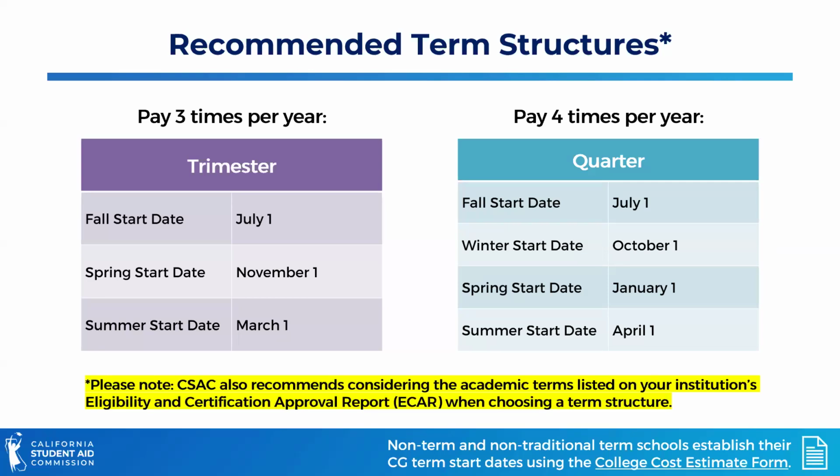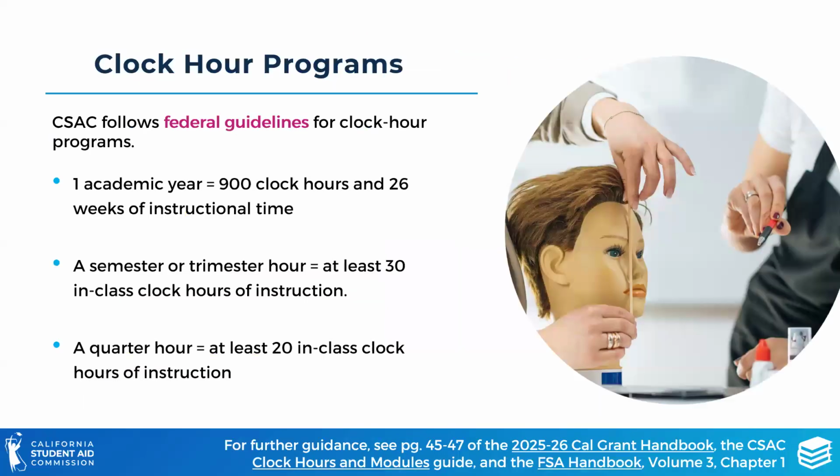Now let's take a look at clock hour programs, which non-term schools are typically in clock hours. We follow federal guidelines for clock hour programs, so make sure you're referring to the FSA Handbook, Volume 3, Chapter 1. For a clock hour program, one academic year is the equivalent of 900 clock hours and 26 weeks of instructional time.